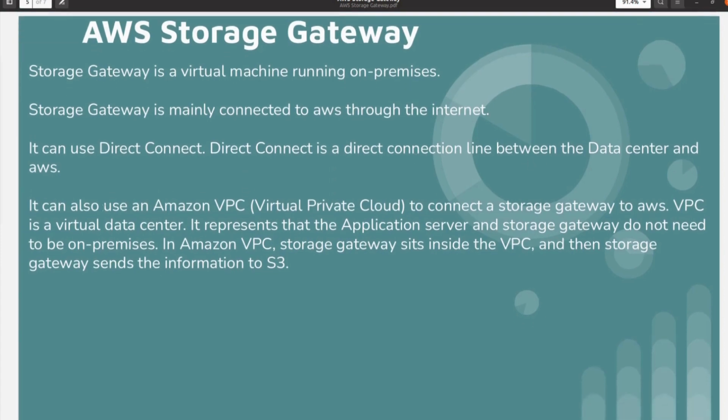It can also use an Amazon VPC to connect a storage gateway to AWS. VPC is a virtual data center. It represents the application server, and the storage gateway does not need to be on premise. In Amazon VPC, a storage gateway sits inside the VPC, and then the storage gateway sends the information to S3.